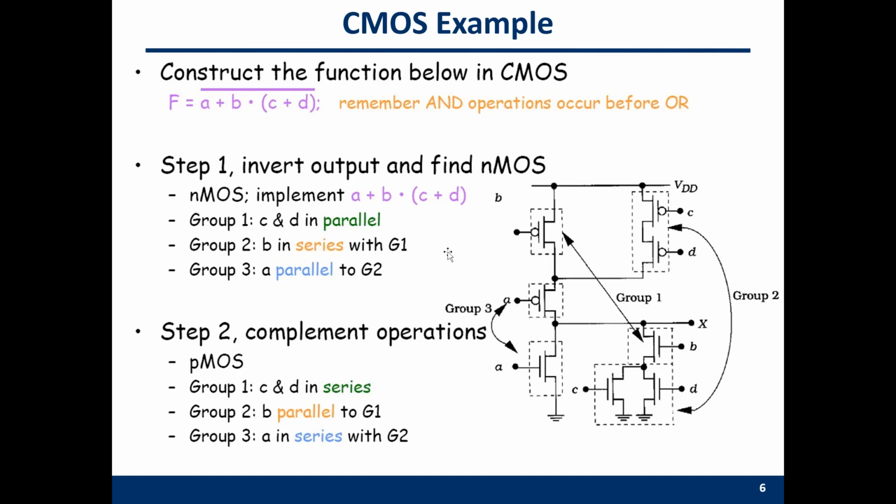So in order to draw the pull-down method, we need the F bar. In this case, the F bar is A plus B, C plus B. It's actually this.